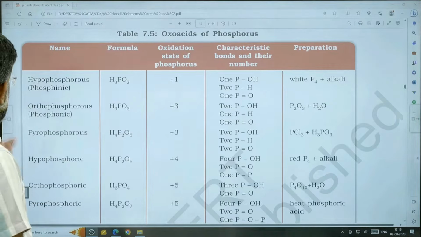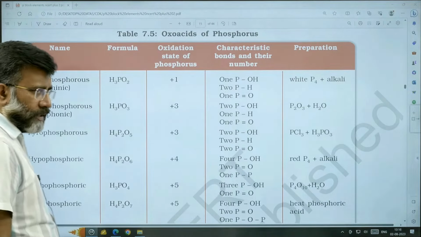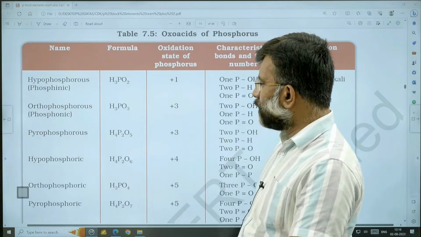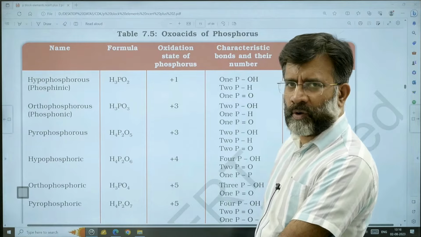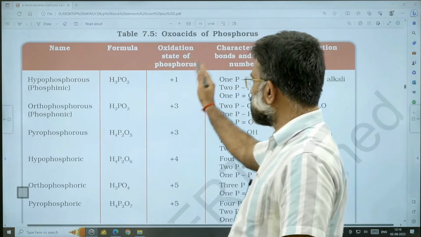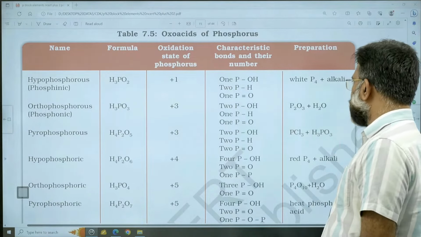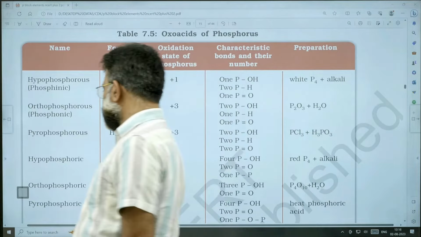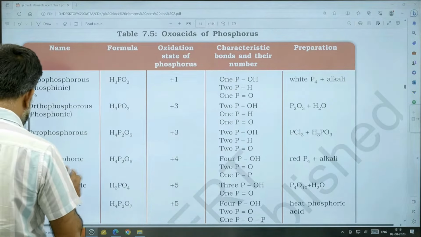First one, hypophosphorus acid, also called phosphinic acid. H3PO2, plus 1 oxidation state, obtained by reacting white phosphorus with alkali. Basically, we are getting the salt.